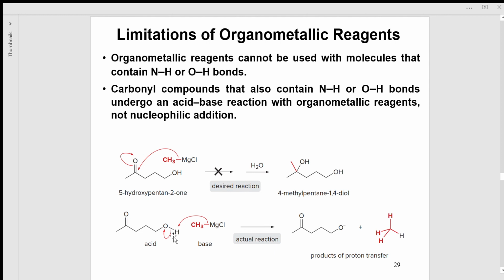Again, the acid-base reaction would be much faster than the nucleophilic addition to the carbonyl carbon. So this is a limitation. Organic chemists have already developed techniques to avoid this problem, but that's more advanced organic chemistry that I will not share in this lecture.